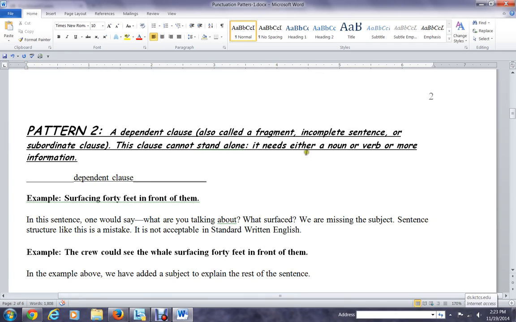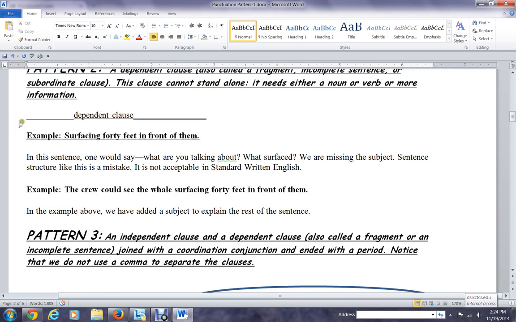Pattern 2, a dependent clause, that's called a fragment, an incomplete sentence, or subordinate clause. It can't stand alone. It needs either a noun or verb or more information. So it's just a dependent clause. Example: surfacing 40 feet in front of them. What surfaced? We're missing the subject. Let's find our action first. 40 is not a verb, it's no action.